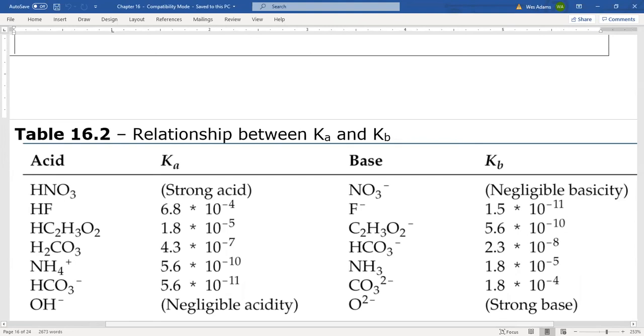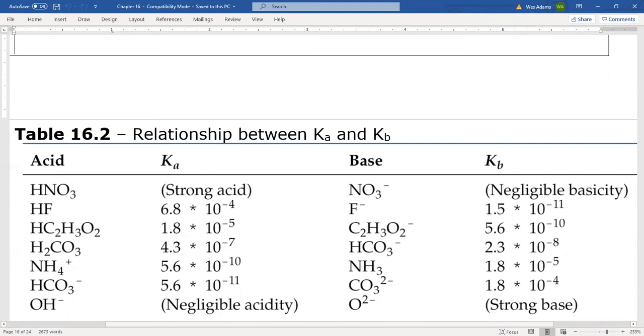But if you got HF, 1.8 times 10 to the negative fourth, the fluoride ion is a very weak base, but a base nonetheless. Something that's more in the middle, 1.8 times 10 to the negative fifth. For acetic acid, the acetate ion is 5.6 times 10 to the negative 10th. Carbonic acid, 4.3 times 10 to the negative 7th. Bicarbonate, 2.3 times 10 to the negative 8th.